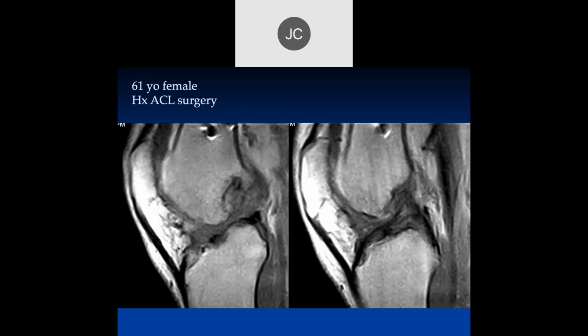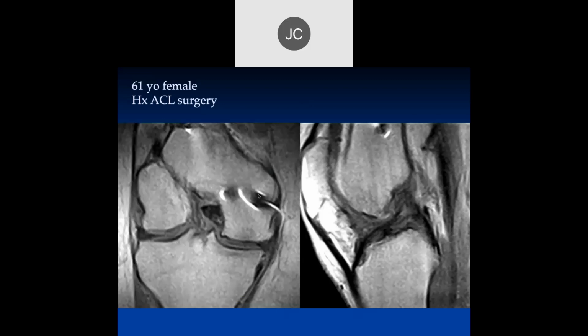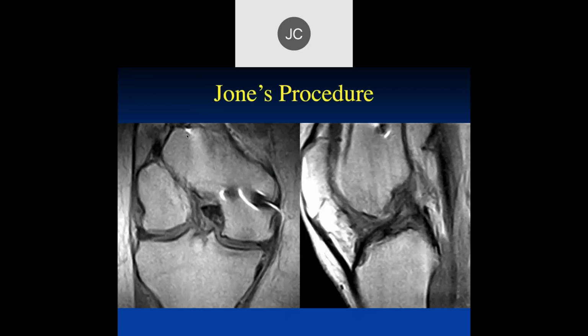They took part of the patellar tendon here and attached it going over the tibia here to try to stabilize the ACL, and they put a tunnel in through the femur, put in sutures that go down to the patellar tendon, and put a button here to stabilize it. It's called a Jones procedure.